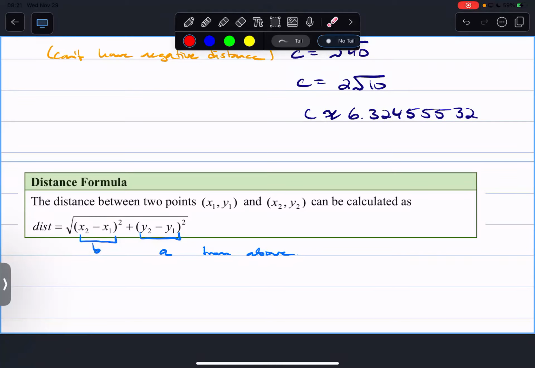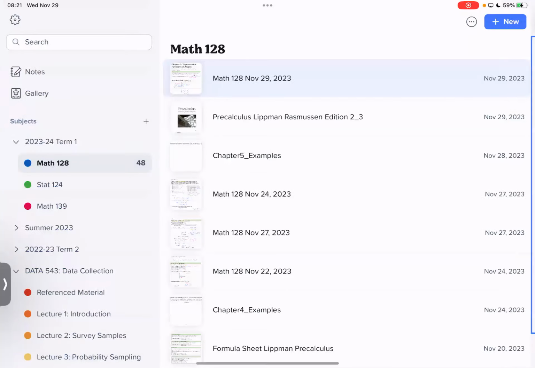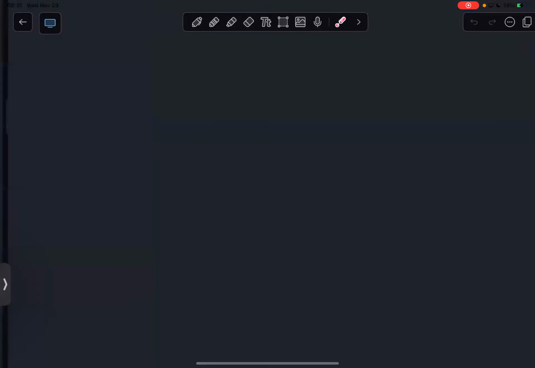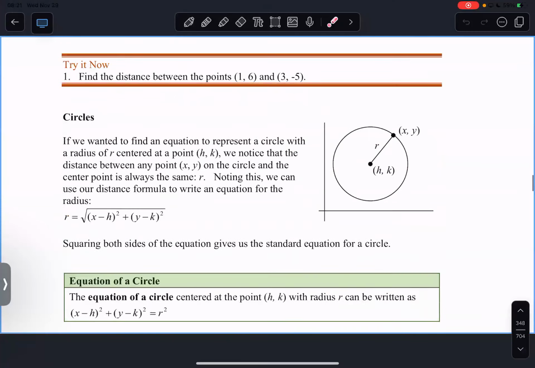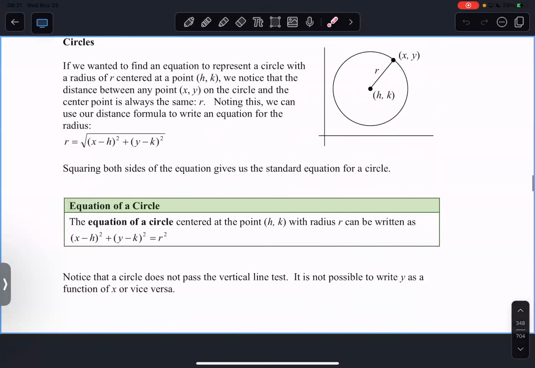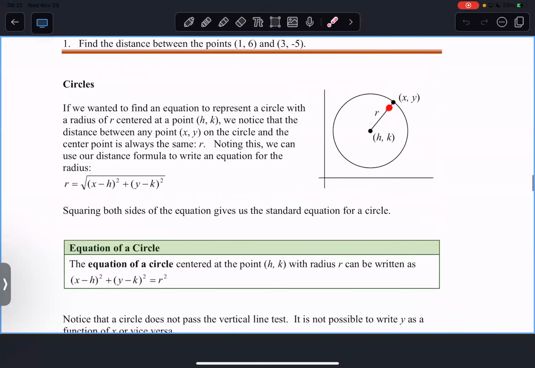Okay. What if you wanted to fix the distance to be r, the radius of a circle? So now if you ignore the circle part for a little bit, let's just grab this image.